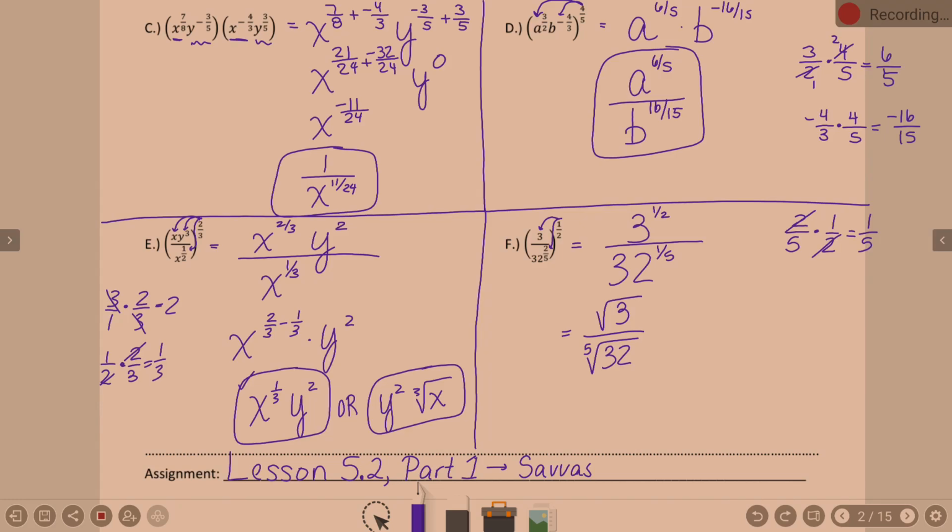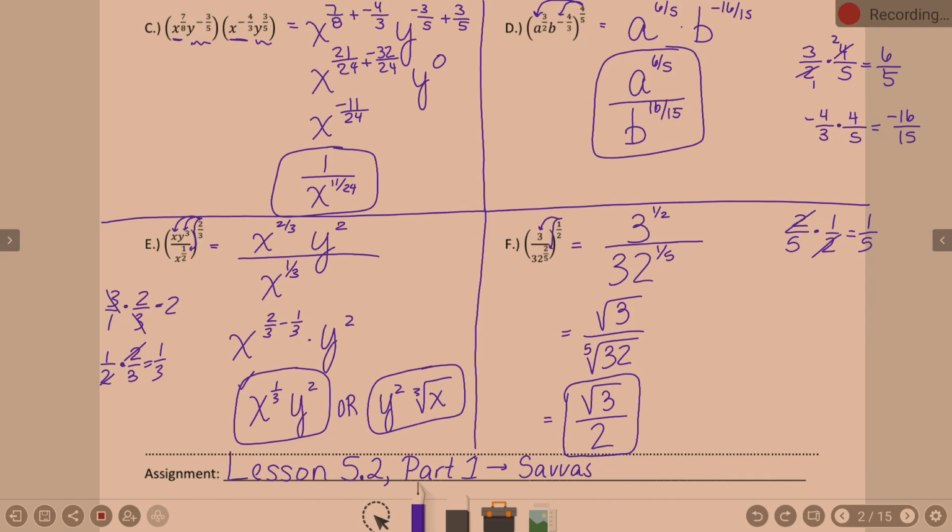Square root of 3 is some decimal, like 1.7 something. 5th root of 32, we did several times yesterday. The 5th root of 32 we learned to be 2, which means I can simplify this to be square root of 3 over 2.